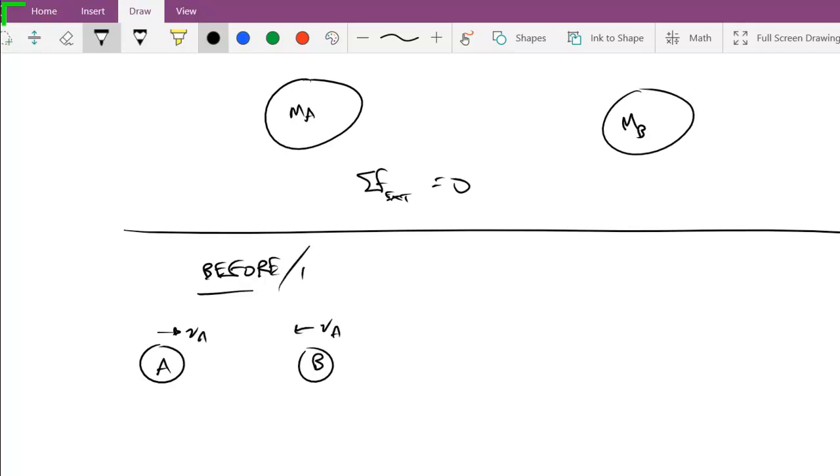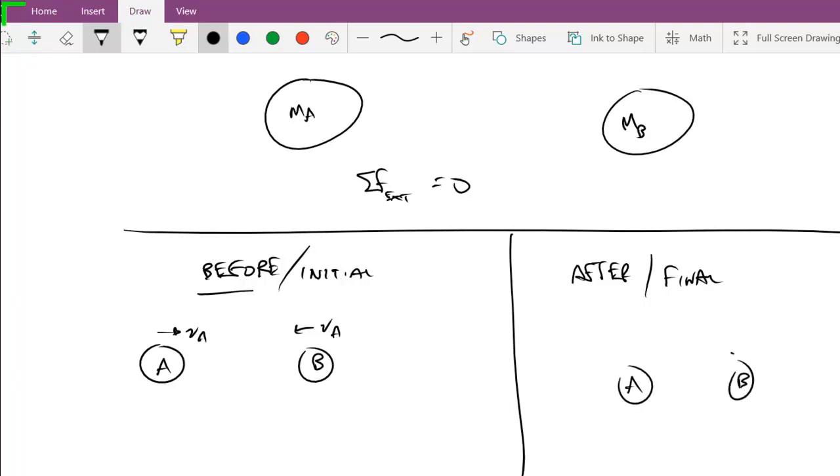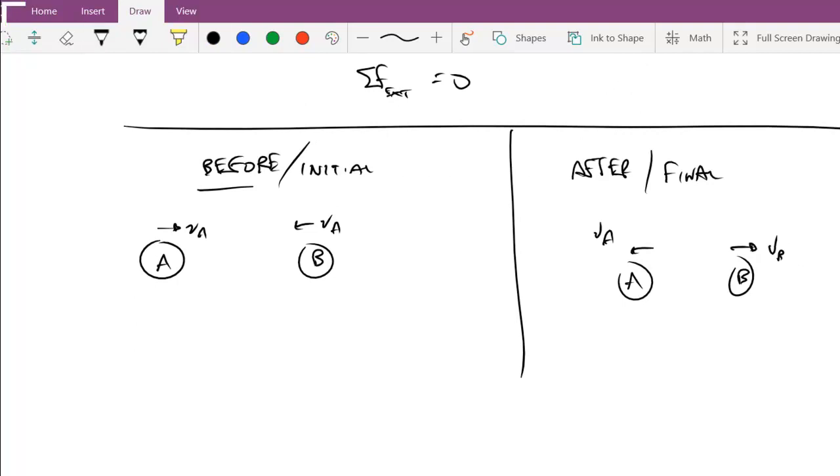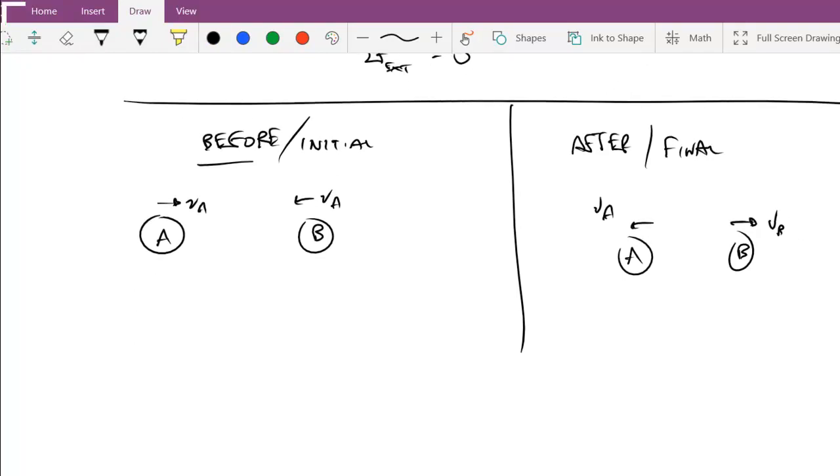You can say before or initial. And then we have an after picture after the collision or in the final condition. Then we have A and we have B, and we would need to be told something about how they are moving and something about their masses in order to discover more information about it.